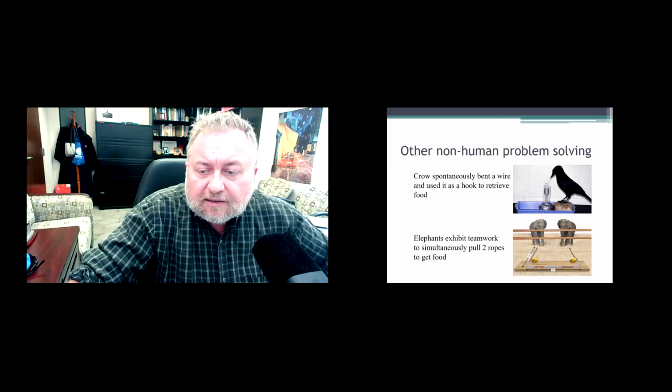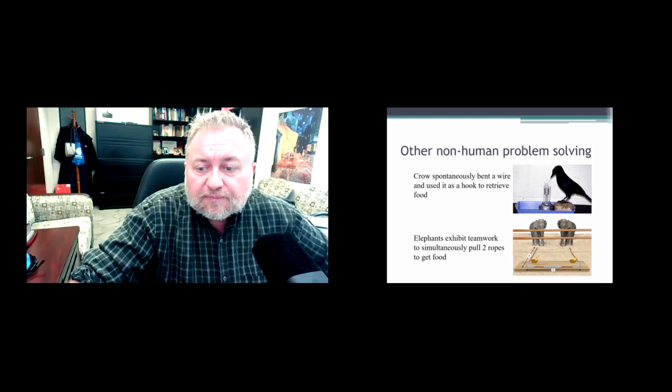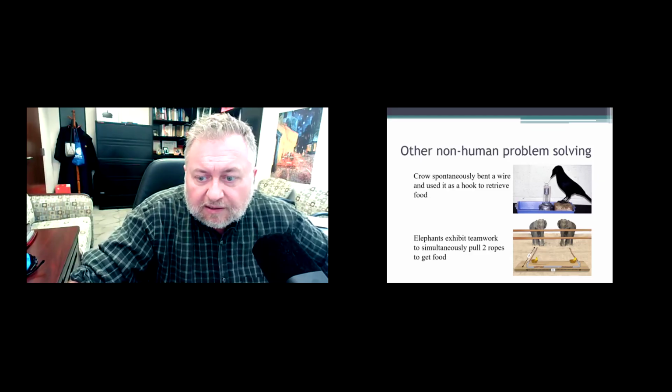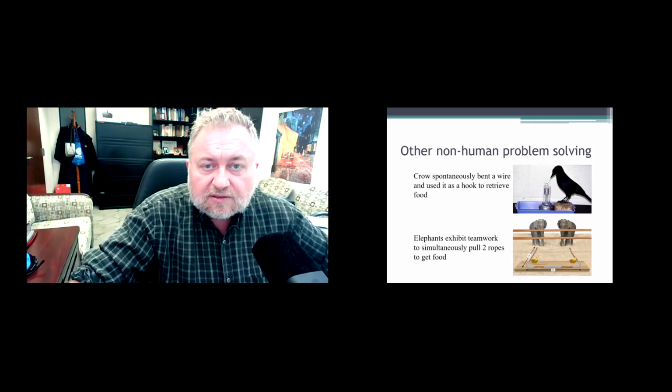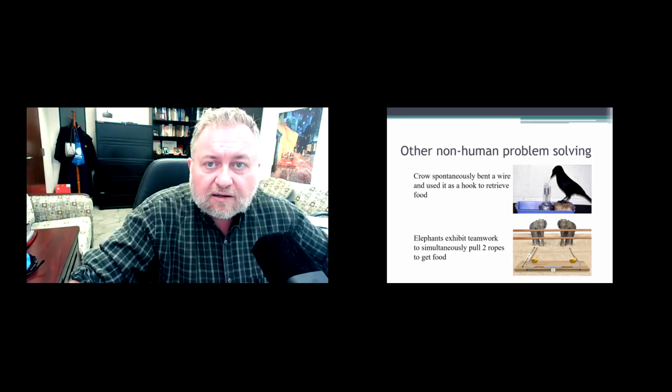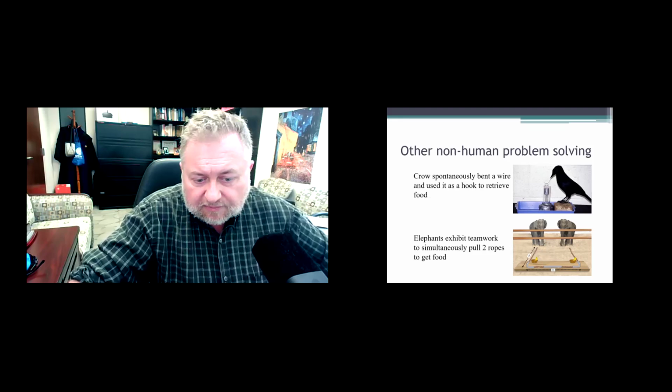But there is a small loop tied around this container, and the crow has figured out how to bend a wire to make a hook and use that to pull the loop up and extract the food this way. So they weren't taught how to do this. They didn't go through a series of steps of reinforcement. They simply appeared to discover this method, and it works.